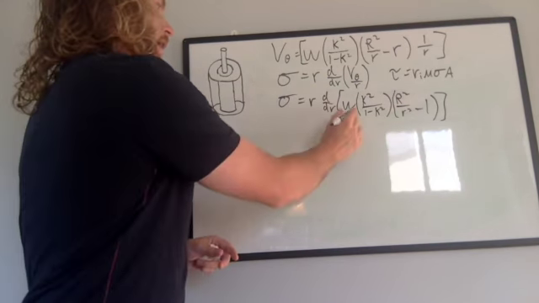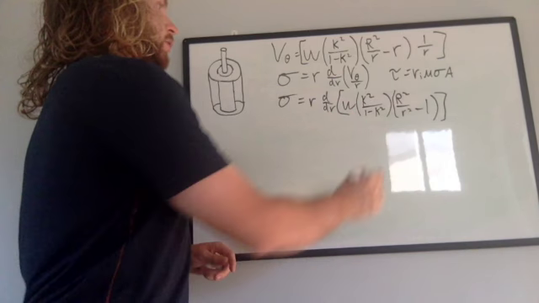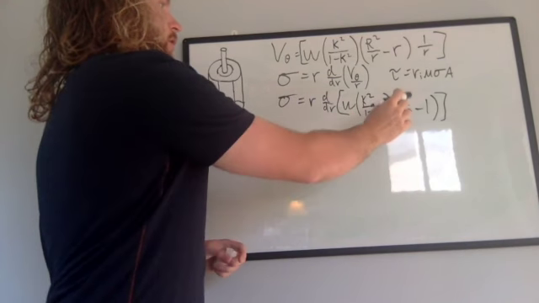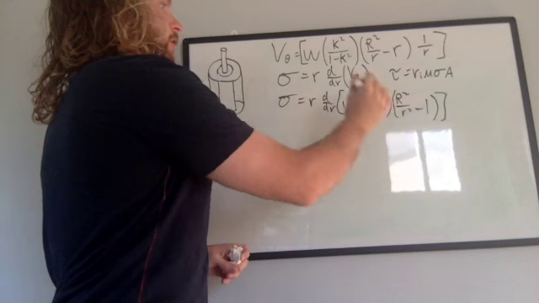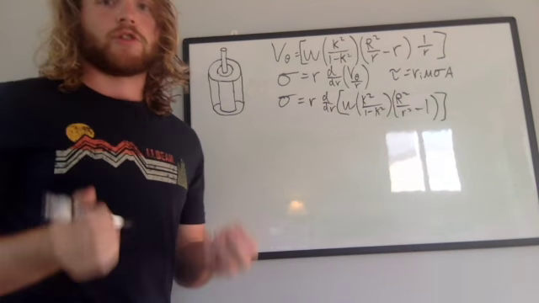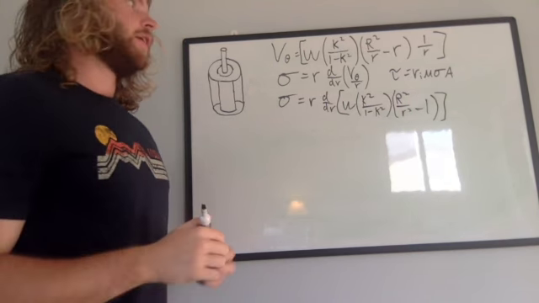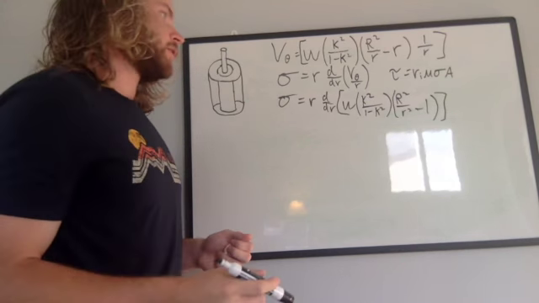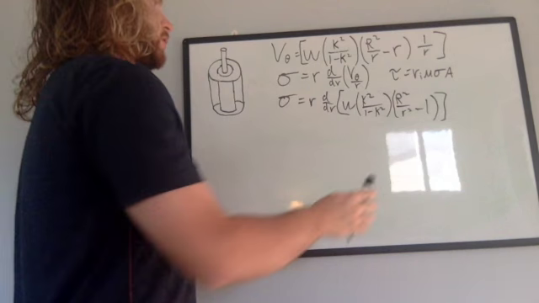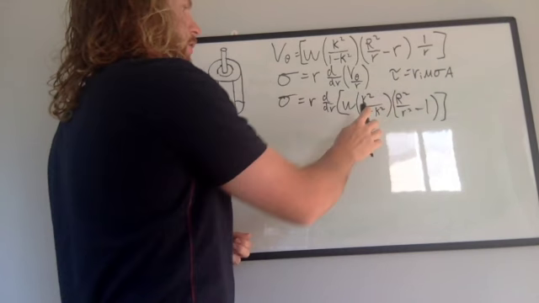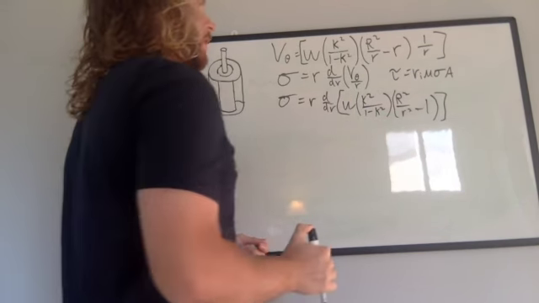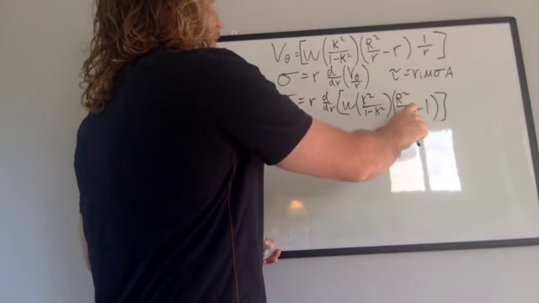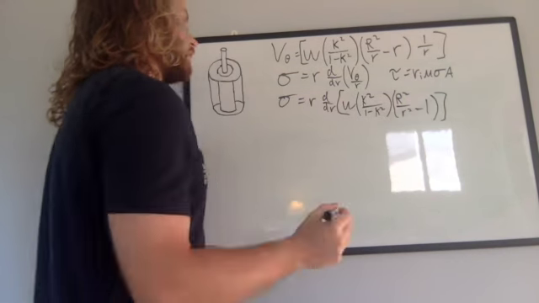Actually, we can just bring it out to the front. So the derivative of 1 over r squared, which is pretty much r to the negative 2, is going to be negative 2 r to the negative 3, right? So this is going to turn into a negative 2 being brought out front, and an r to the third over here.